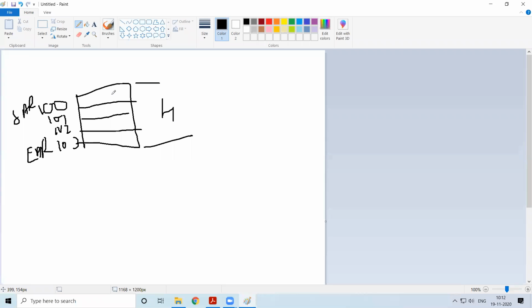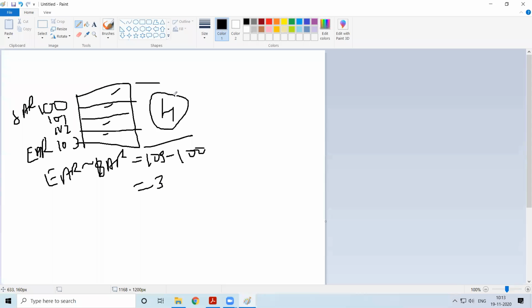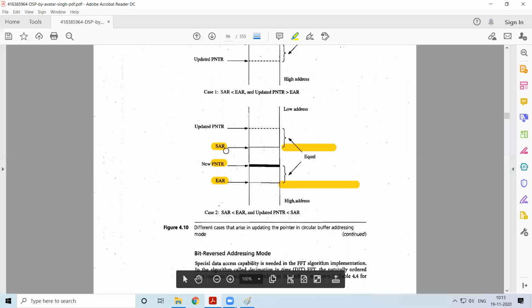Buffer size is 4, that is 1, 2, 3, 4. If you take the difference between EAR and SAR, it turns out to be 103 minus 100, which is 3. But actually the buffer size is 4. Therefore the buffer size is the difference between these two plus 1. So the difference between EAR and SAR plus 1, which is 4. So this is with respect to circular addressing.